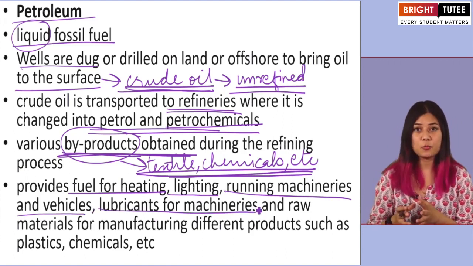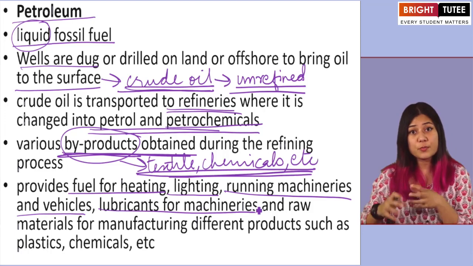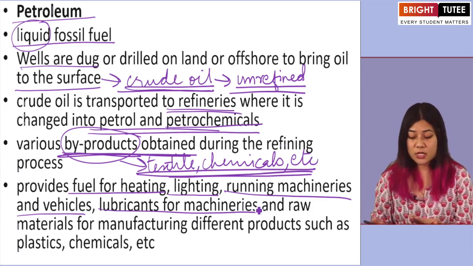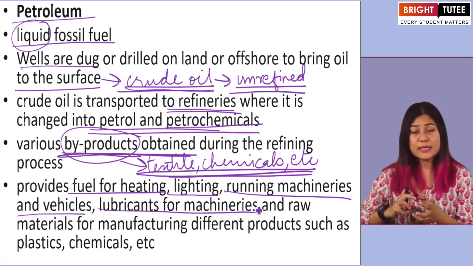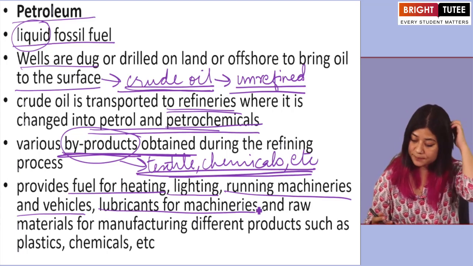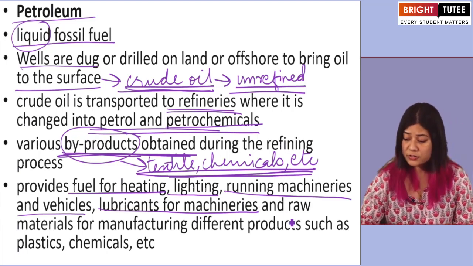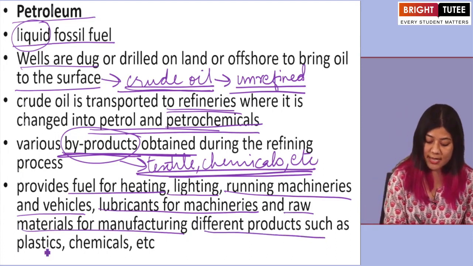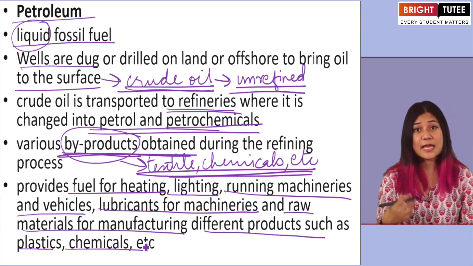When the machines don't work, then we use petroleum to lubricate the machine so that it functions properly, so that there is no rust and no hampering of the movement of the machineries. It is also used as raw material for manufacturing different products such as plastics, chemicals, etc.